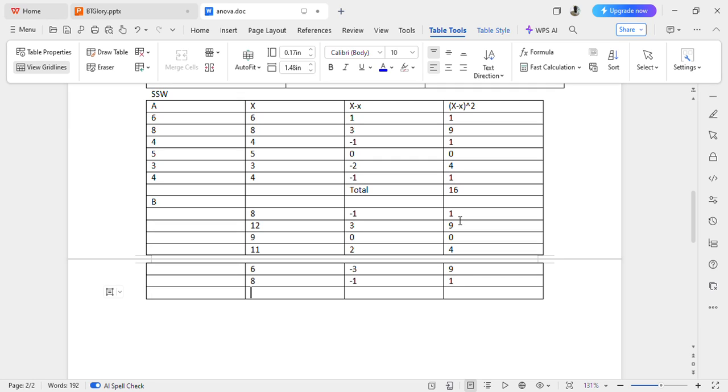Get the total. So our total here is 24. Lastly, we come to C.